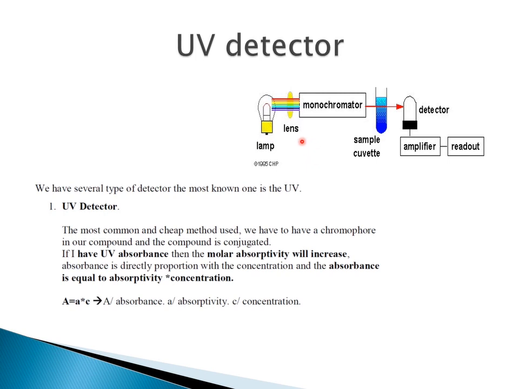In the UV part of HPLC, we have a deuterium lamp, and the deuterium lamp radiates a beam of light which can be resolved by monochromators such as prisms or gratings. Now the selected beam with a certain wavelength will pass through the UV cell, which contains mobile phase components such as analytes.